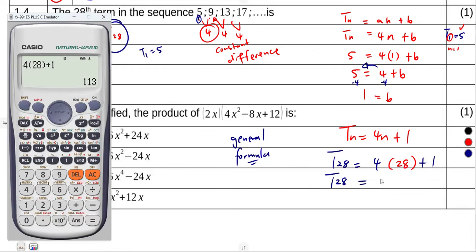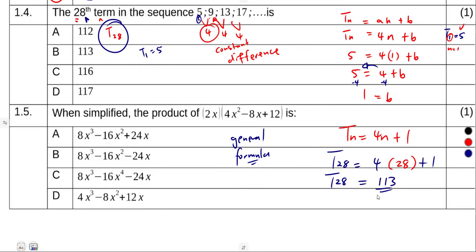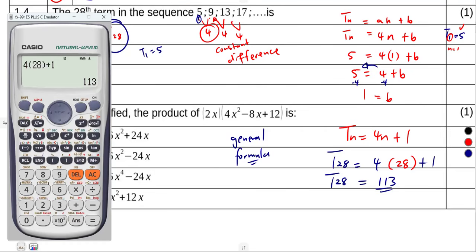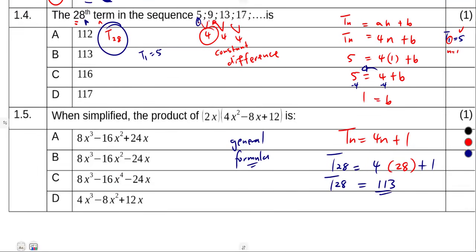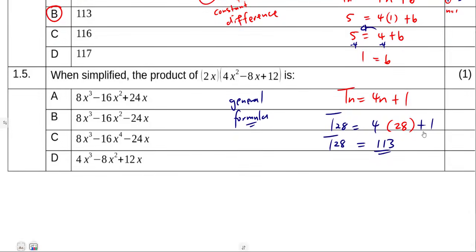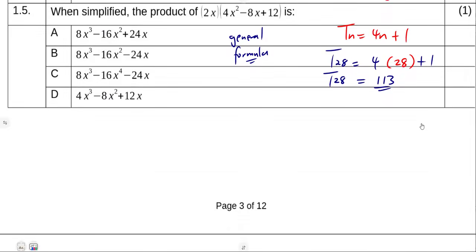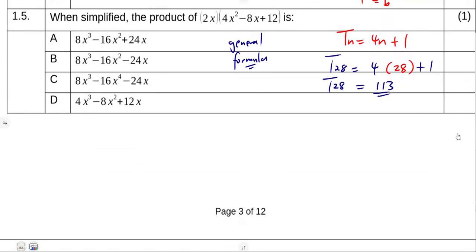This is going to give us 113 from what we have on our calculator. The best answer where we've got 113 is on B. Any other way that you can use, you must still obtain the same answer.